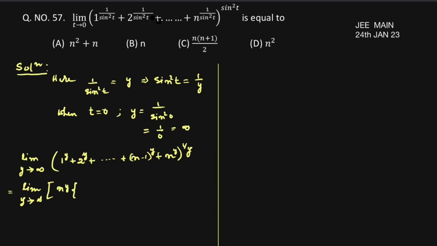We are able to write this as (1 by n to power y plus 2 by n to power y plus n minus 1 divided by n to power y plus n to power y by n to power y) whole to power 1 by y.